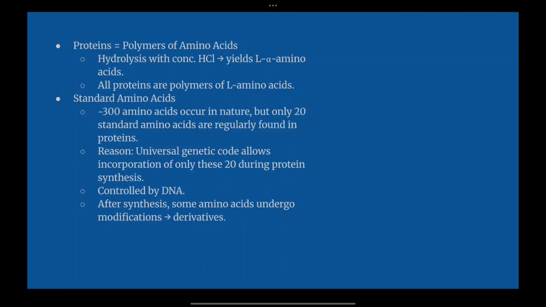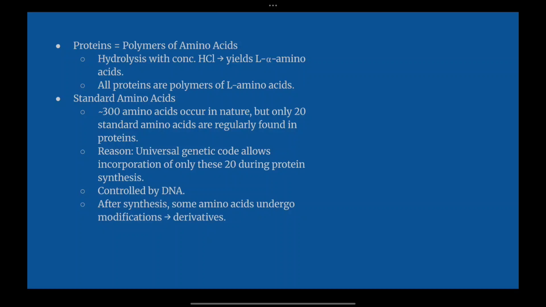The analogy will be dealt with later, but first know that the standard amino acids present in the human body are only 20. These 20 standard amino acids can be synthesized and coded by the DNA.